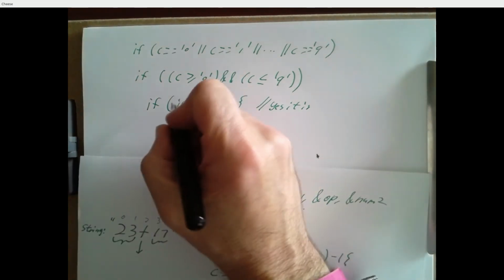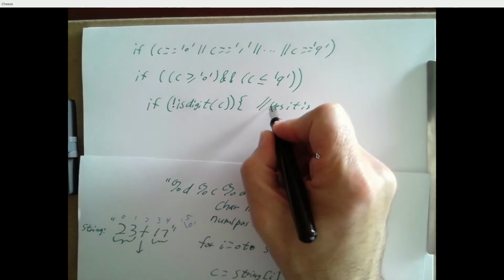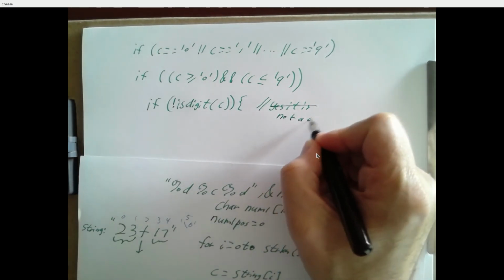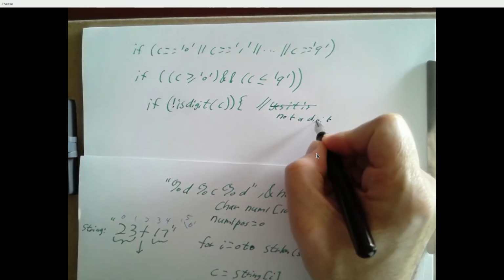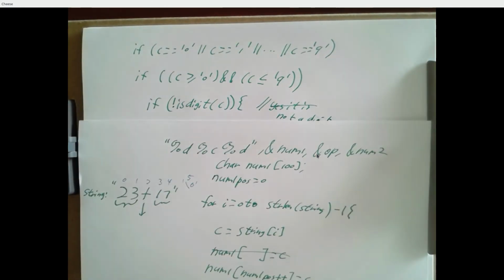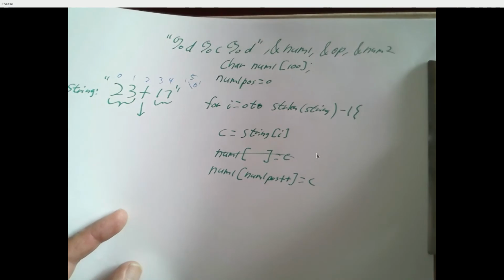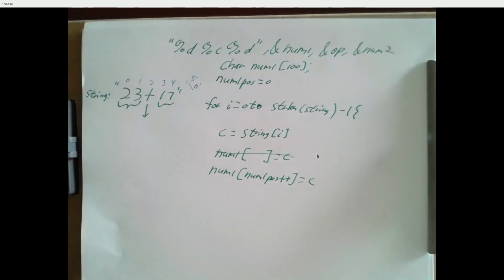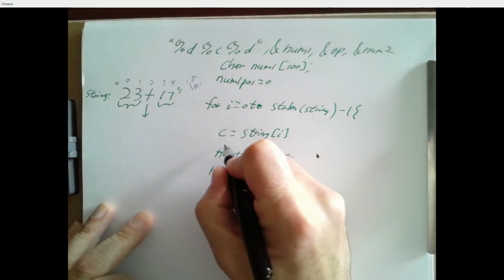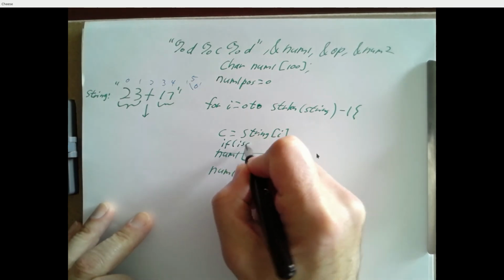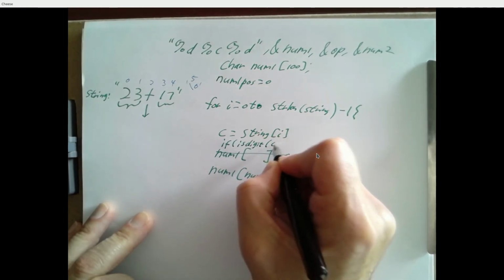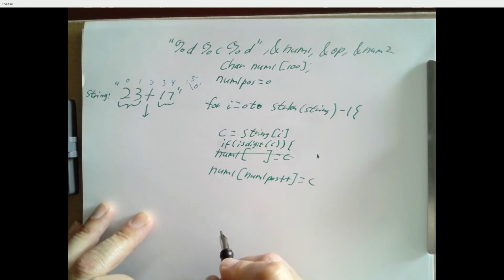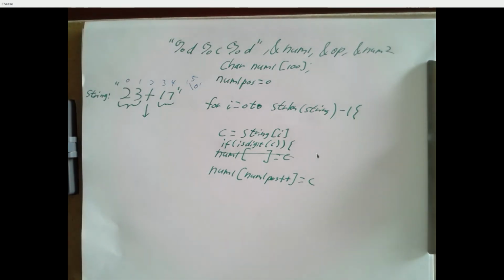Or you could say if not isdigit, and it'll execute this if it's not a digit. All right, so we can do this as long as this character is a digit. We can store it into num1.